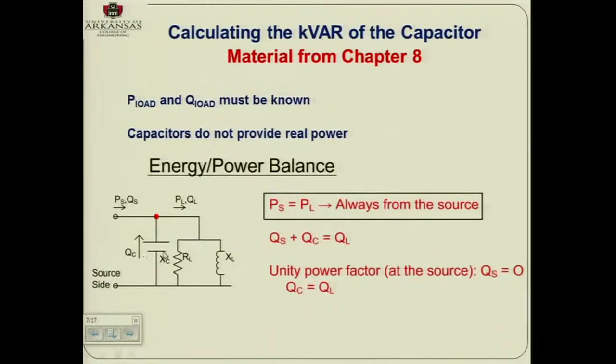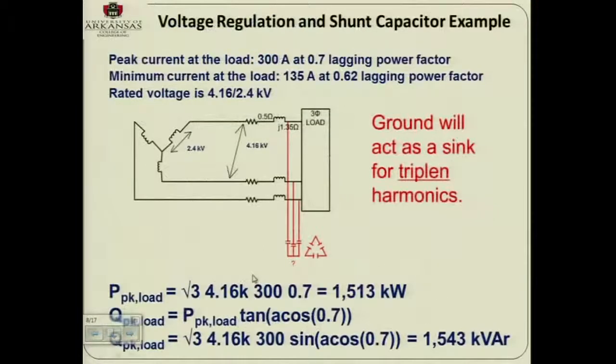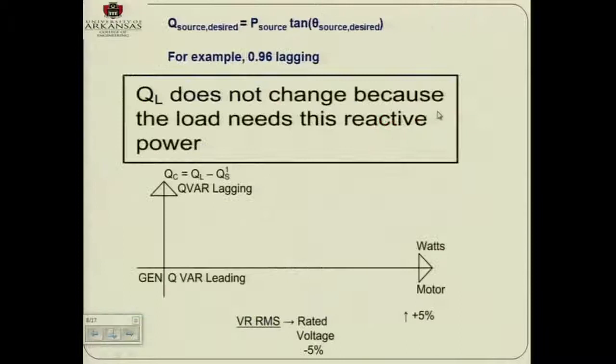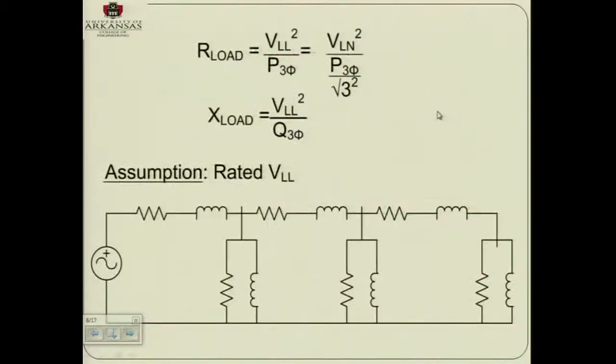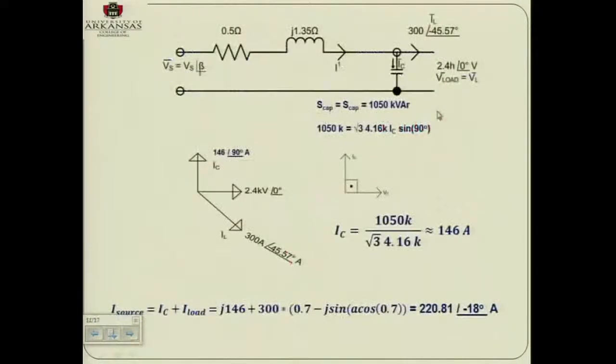So the capacitor is there, and that's the load, and there is some resistance in that. I can use R and X, or just use the current and the voltage.